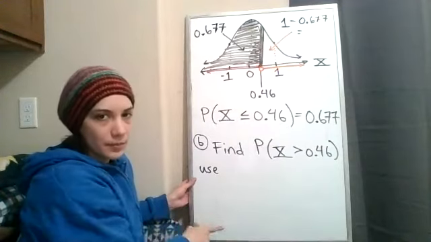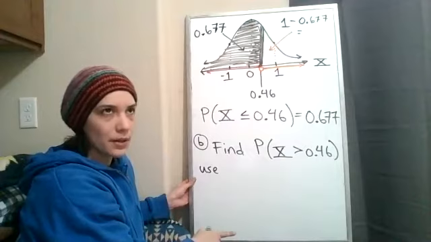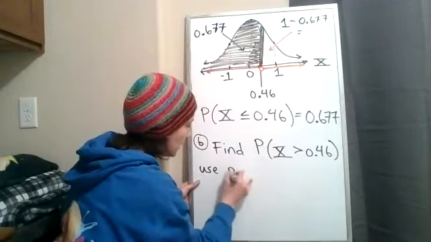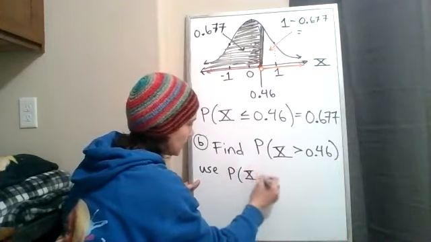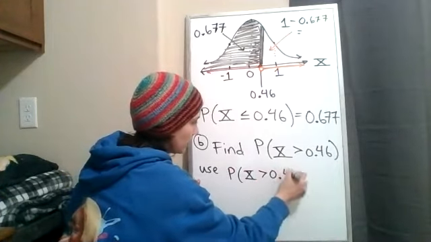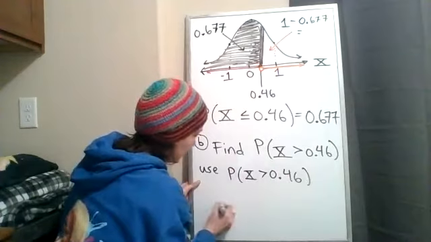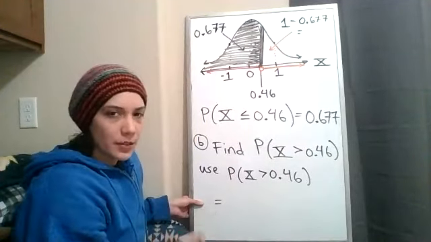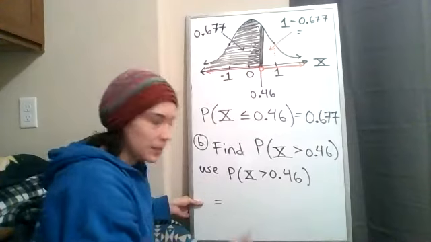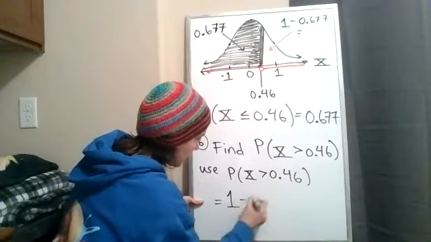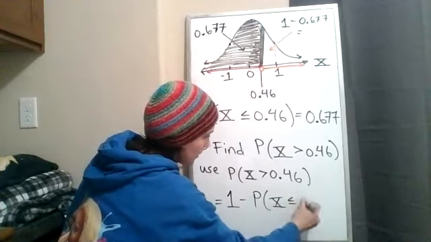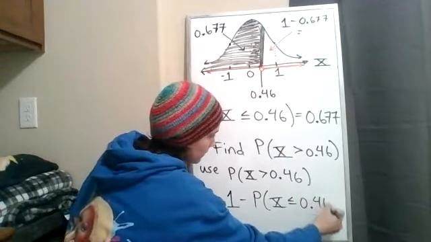Here's the math explanation: the probability that x is greater than 0.46 equals, by the complement rule, 1 minus the probability of x being less than or equal to 0.46.